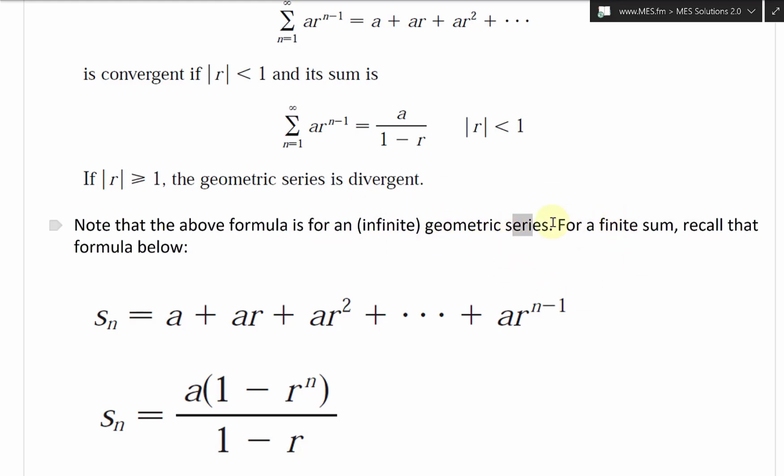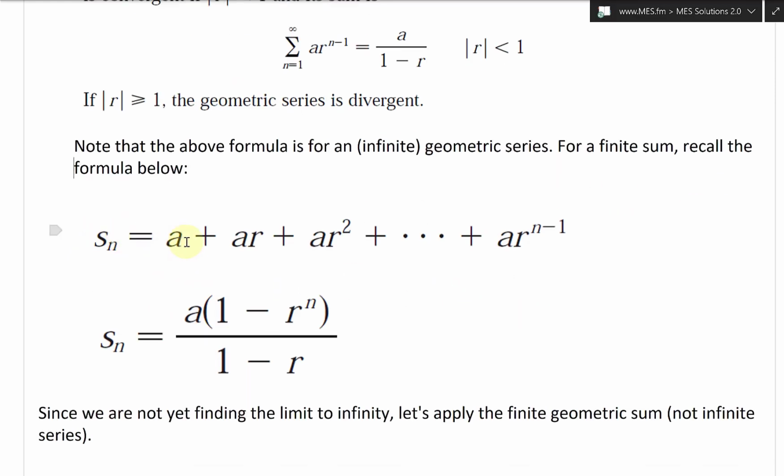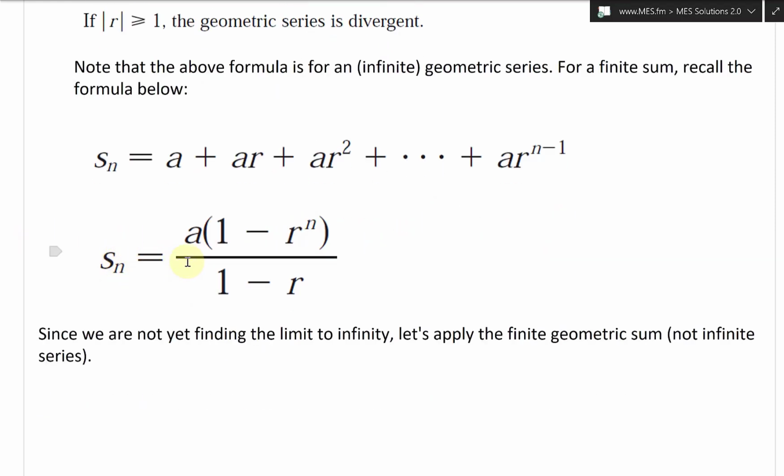But for a finite sum, recall the formula below from that same video. S_n, the nth partial sum, is equal to a plus ar plus ar squared all the way to ar to the n minus 1. And the partial sum is equal to a times 1 minus r to the power of n, divided by 1 minus r.